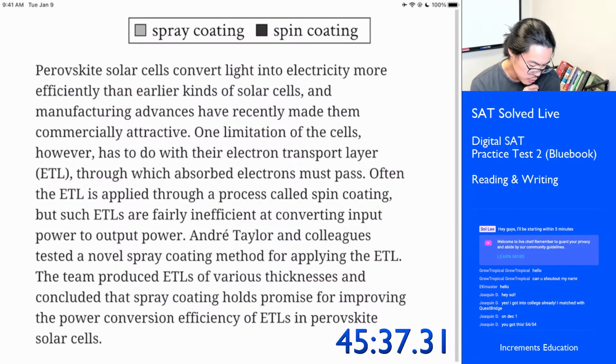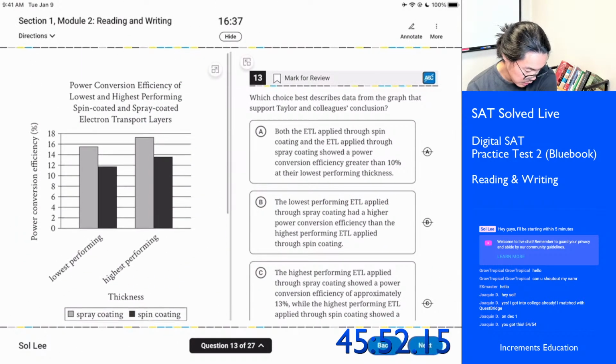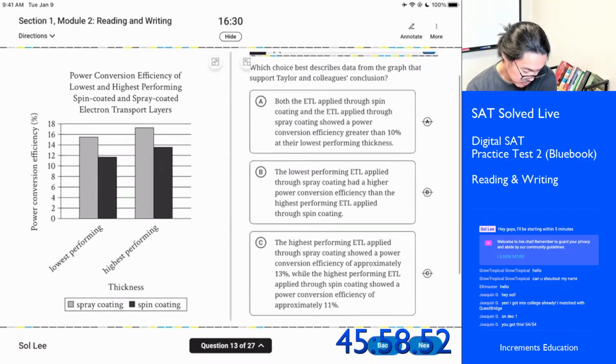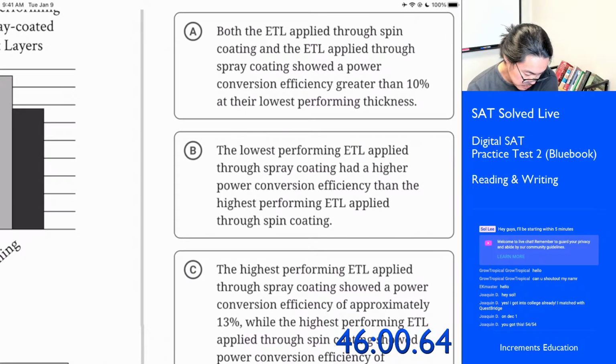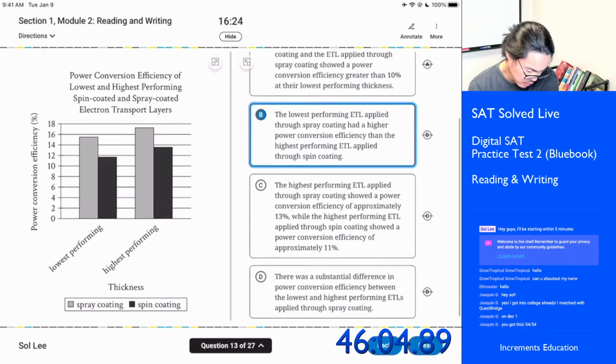One limitation has to do with their ETL. Spin coating is inefficient. Spray coating, thickness, multiple thicknesses. Because it's efficient, even the lowest performing ETL applied by spray coating was higher than the highest performing spin coating.